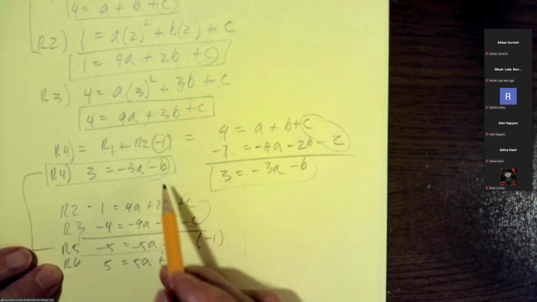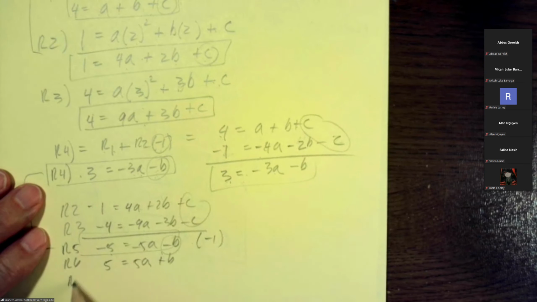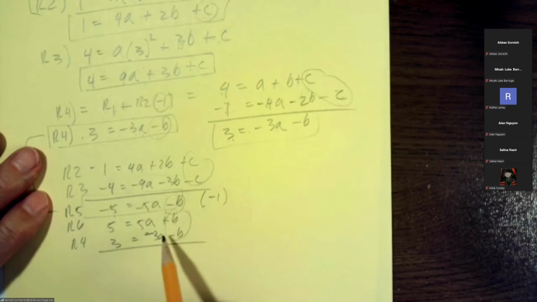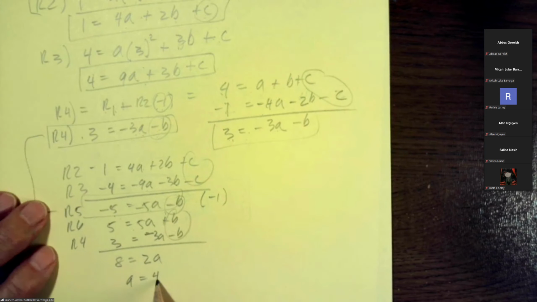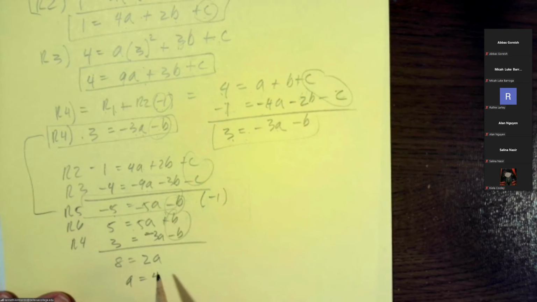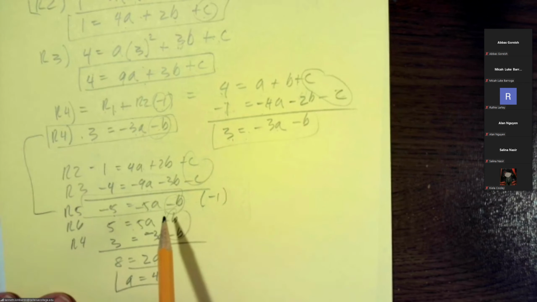And I'm going to combine that with row 4, which is 3 equals -3A minus B. We did that so that we could eliminate the B's. So combining those, 8 equals 2A, or A equals 4. Is that what we want to do here? Looks like that's what it comes out to be.